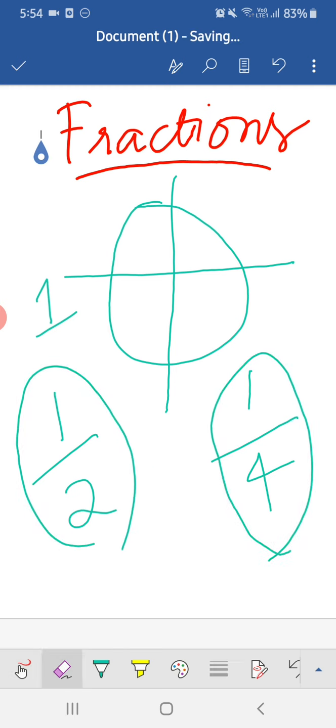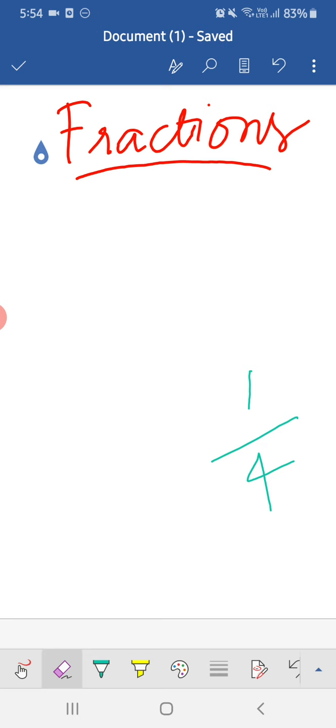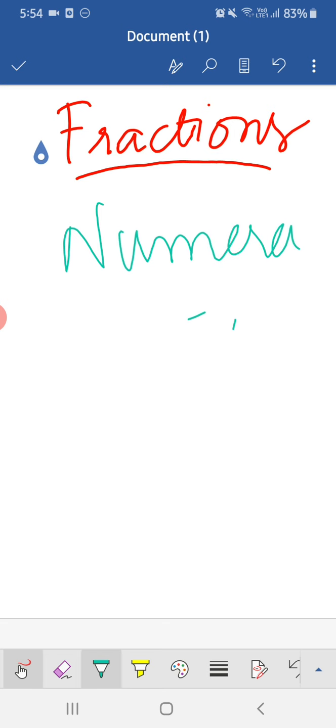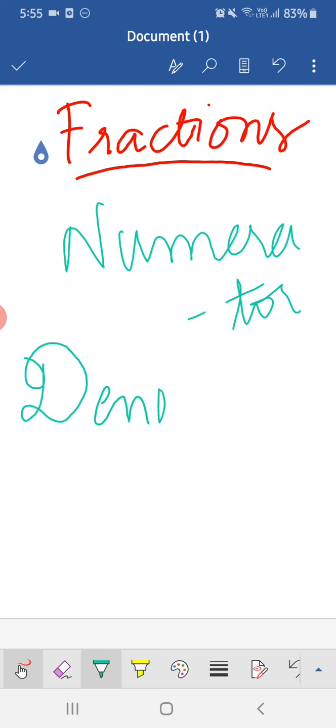Now in a fraction you will have some terms. Let me tell you those terms first. Those terms are nothing but the numerator and the denominator. These are the two terms.